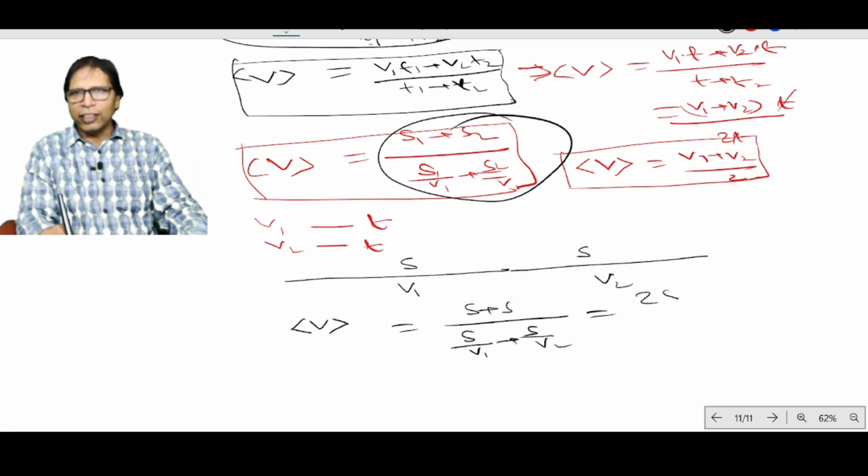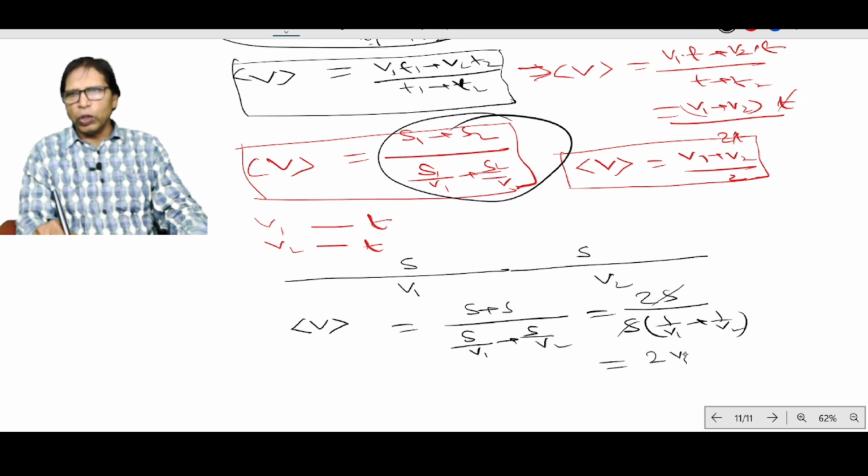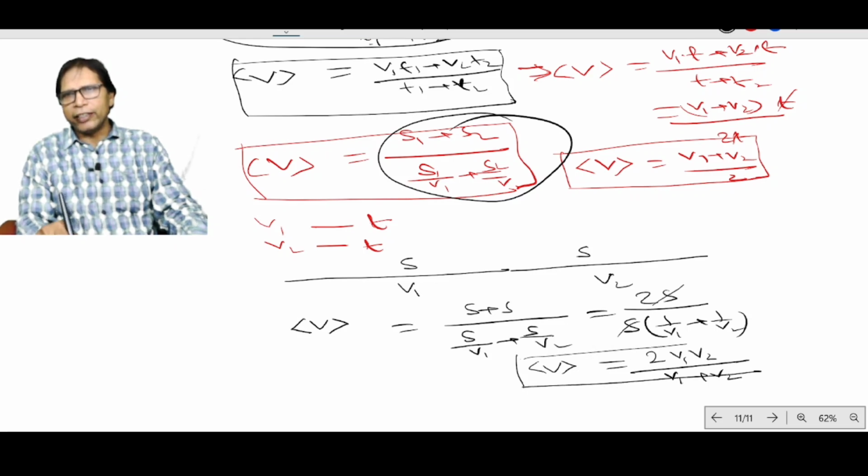So this is 2s, and taking s common, 1 by v1 plus 1 by v2. The s cancels out. So this is 2 v1 v2 divided by v1 plus v2. Okay, this is the average speed for equal distance.